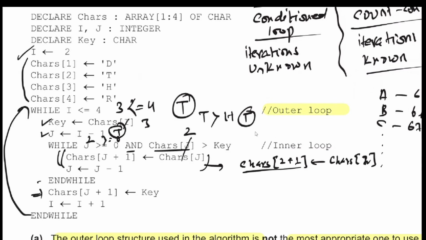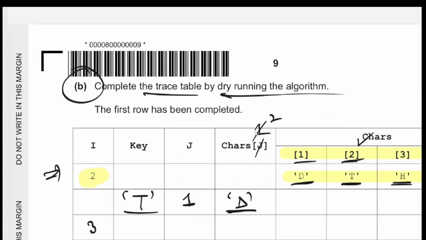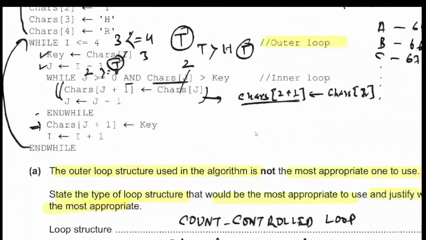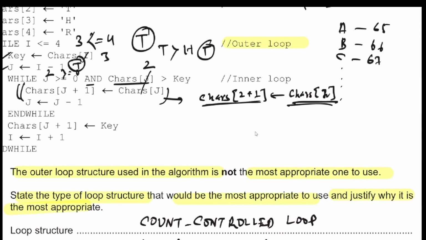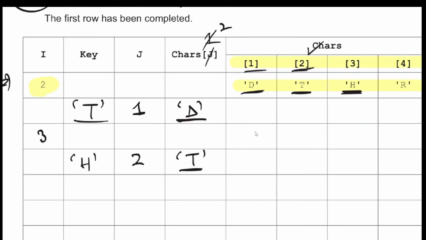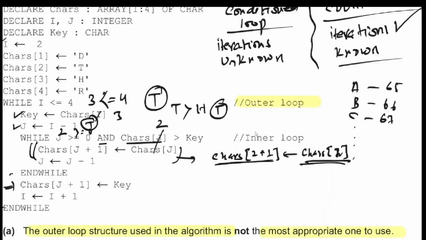What is at char[2+1]? Char[2+1] is H, which is 3. So this is going to be at the char[2] location. What is at the 2? The value at the 2 is T. The T is going to be copied.